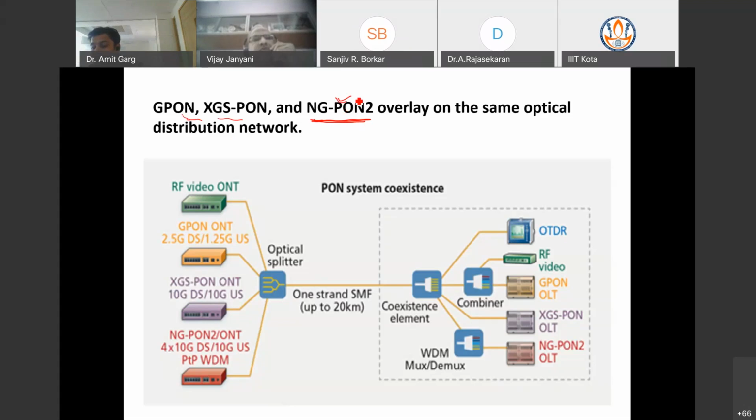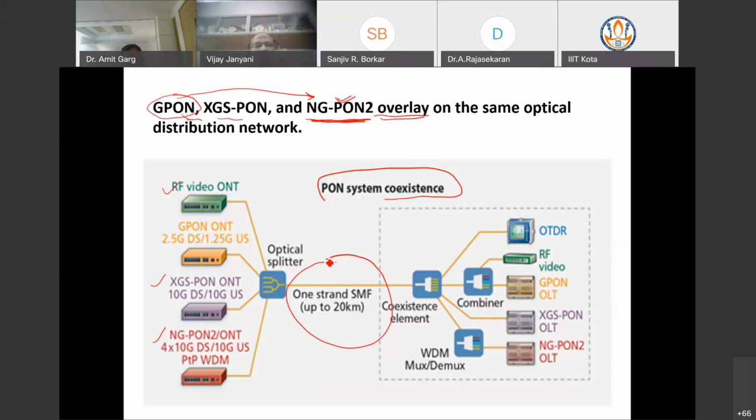If you design a new system, then all GPON equipment should also be able to work properly, provided they have the proper ONU. That is called the overlay. So you have PON system coexistence here, with GPON, RF video over ONT, XGS-PON and NG-PON2. They are all working on the same single mode fiber, which goes up to 20 kilometers.